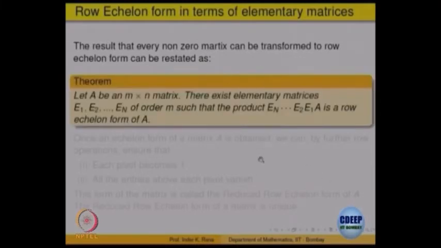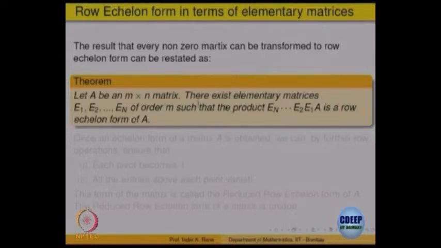So, a theorem says that we said every matrix can be reduced to row equivalent form, right, by row operations. In terms of matrices, what will it mean? It will mean that if A is an m cross n matrix, then there exist elementary matrices, some number of them, E1, E2, up to Ek of order m, they are all square matrices of order m, such that if I pre multiply A with those, so these are the row operations we are doing via matrix multiplication, this will be in the row equivalent form, right.